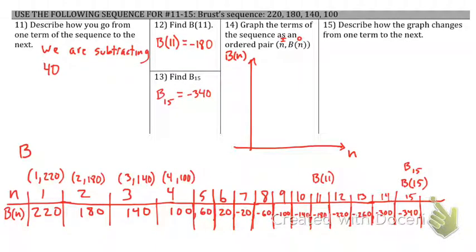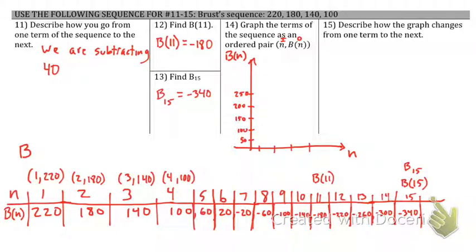Okay, so we have 4, and then over here, we're going to go from 220 to 100. So I'm going to go by 50s here. So this is 50, 100, 150, 200, 250.